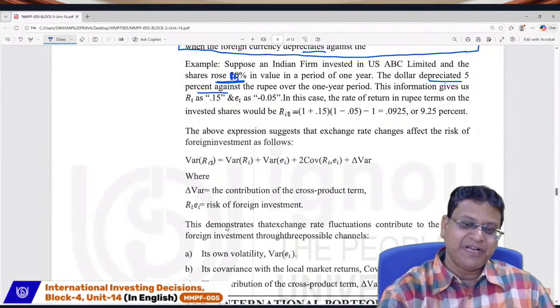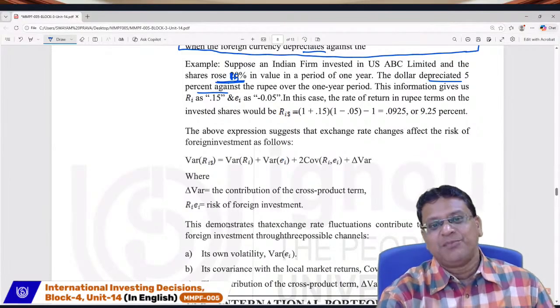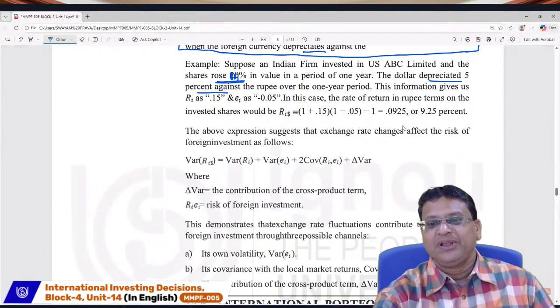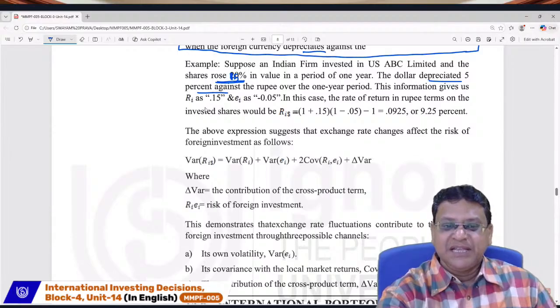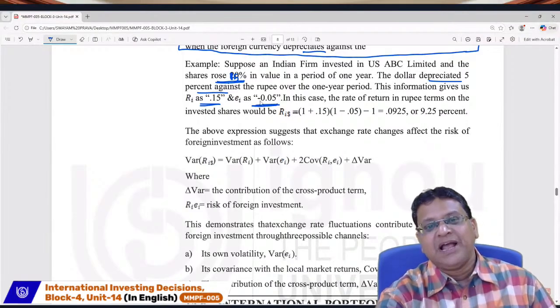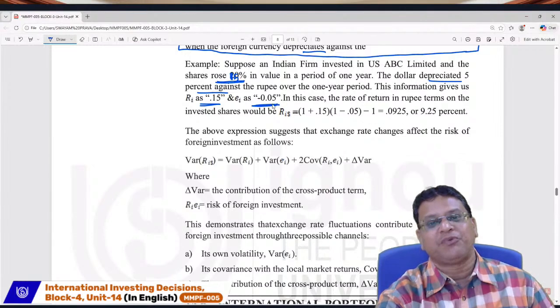Your foreign investment increased by 15%, but the dollar value depreciated by 5%. What is the return you get in dollar term? In this case, the domestic return RI is 0.15 and EI is 5%, and since foreign currency depreciates, it is minus 0.05.